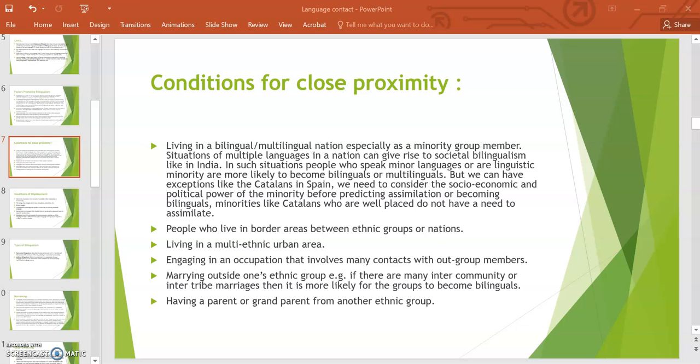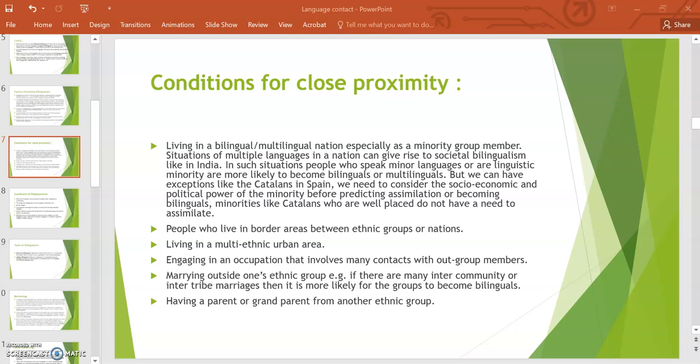Living in a multi-ethnic urban area is again very important, because here it becomes imperative for people to know the commonly used language. In cities like Delhi, Mumbai, New York, it is important for people living there to know the language that is used commonly for common contact purposes, apart from knowing their own mother tongue.